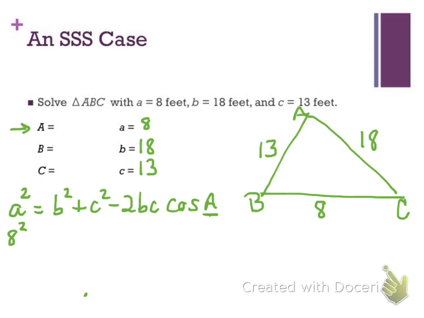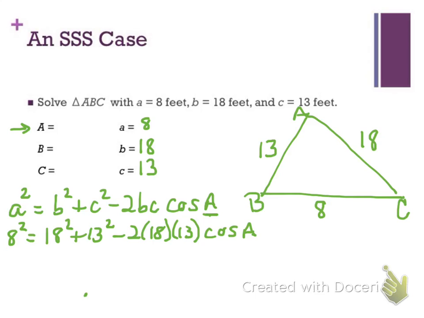I'm going to have 8 squared being equal to 18 squared plus 13 squared minus 2 times 18 times 13 times the cosine of A.